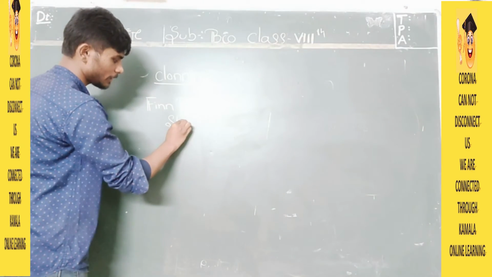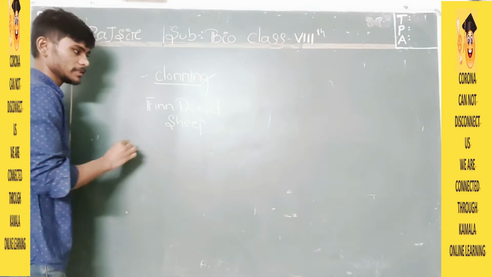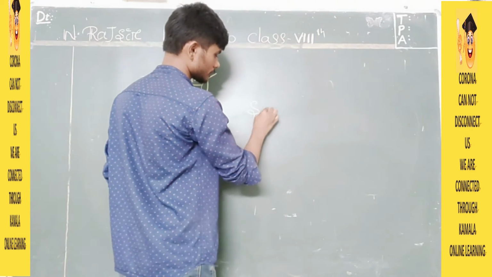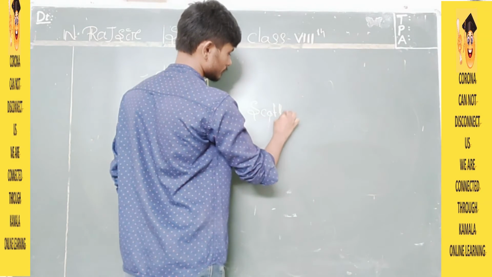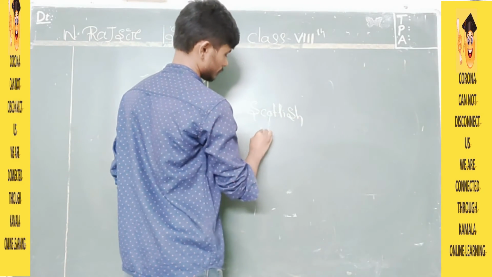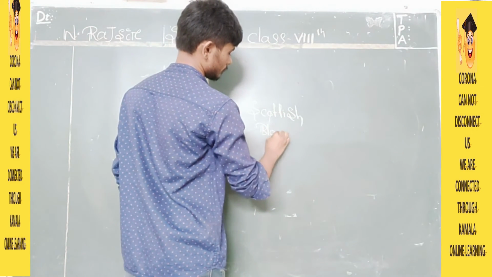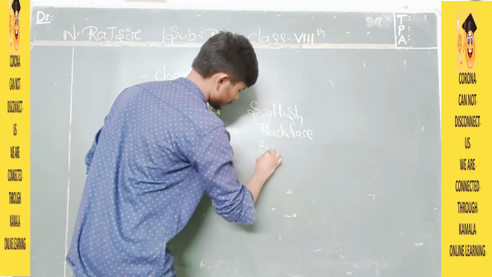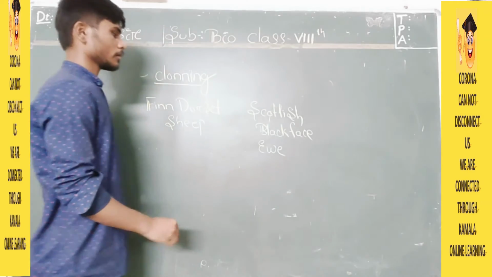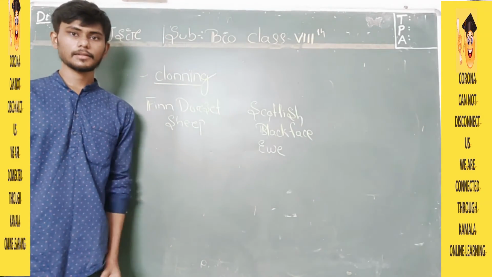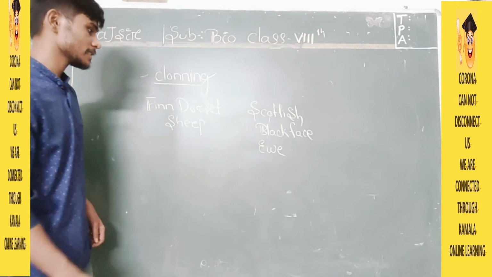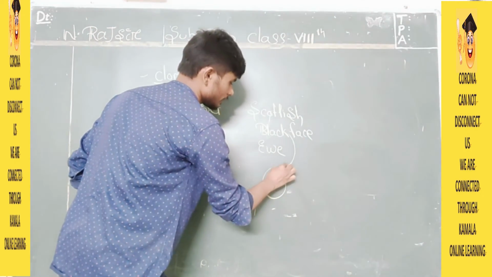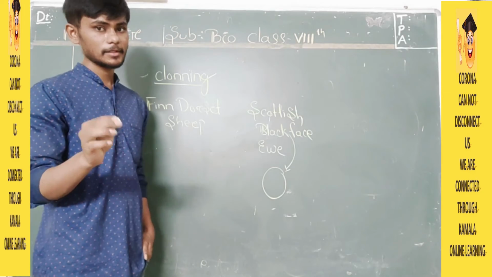It is a breed of sheep, my dears, the Finn Dorset sheep, and another was the Scottish black-faced ewe. Two sheep are there. Now what happened? Scientists took one egg cell from the Scottish ewe. Understand nicely.